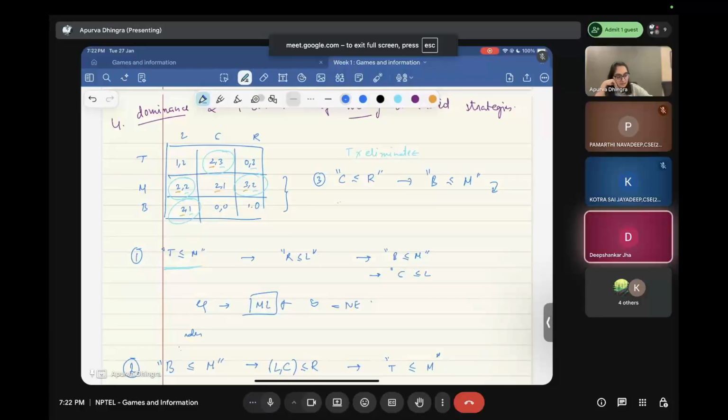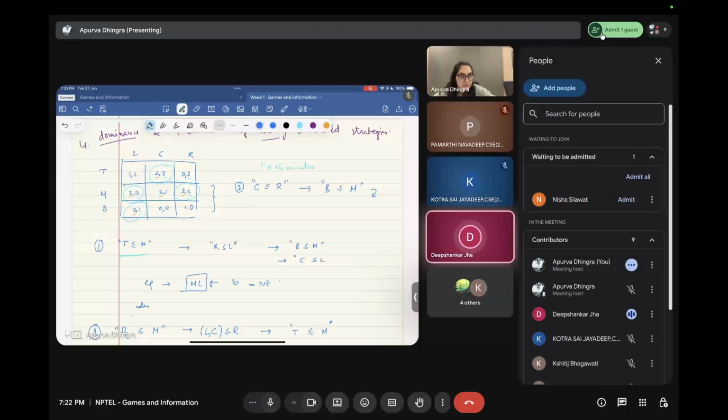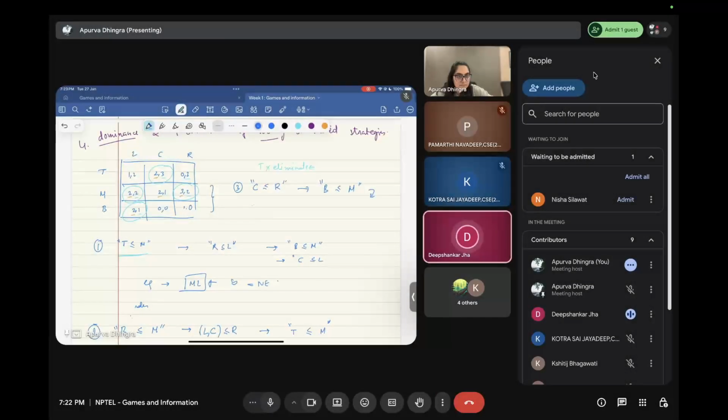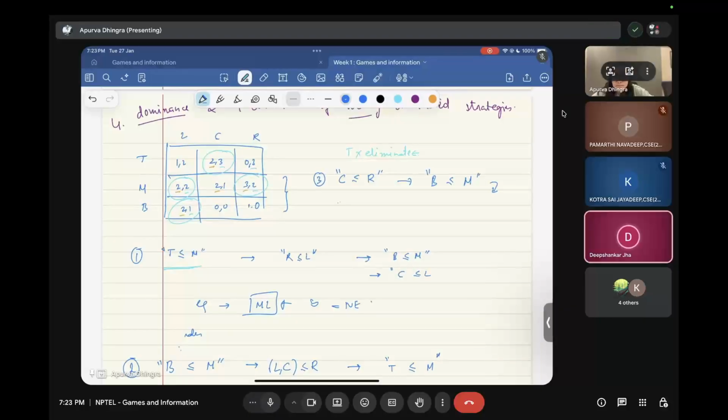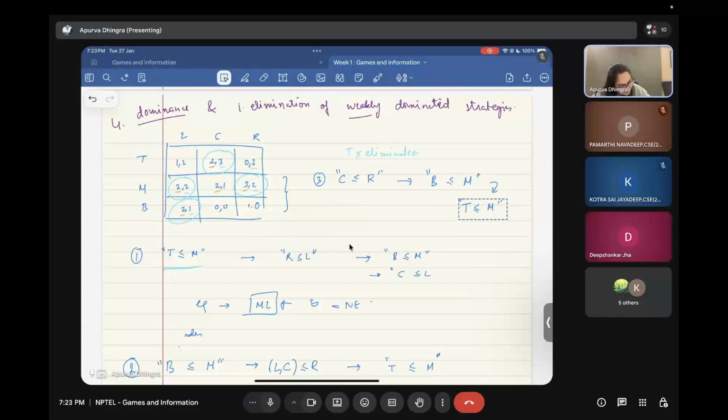T and M. Oh, okay. Only the leftover portions, because 1, 2 is always lower than 2, 2, and 0, 3 is lower than 3, 2 in the leftover. So yep, T is worse than M. Yeah. So let's remove T.